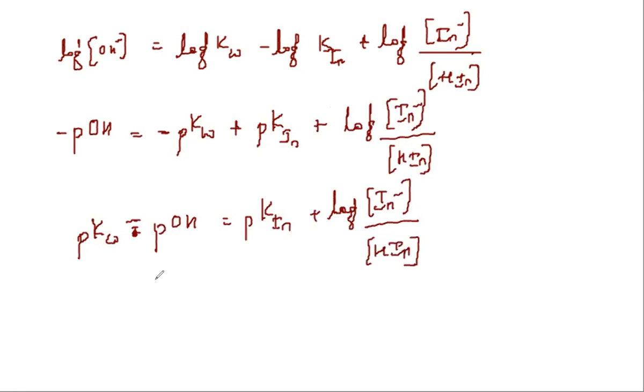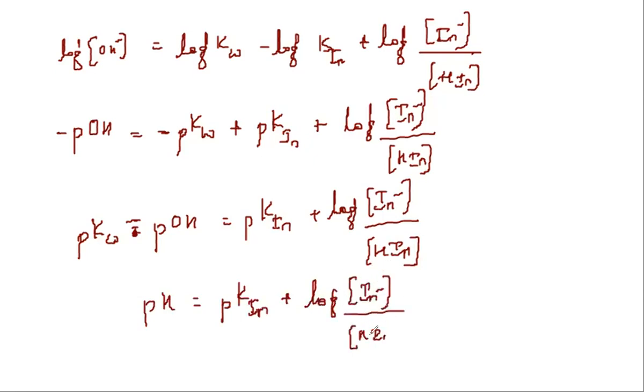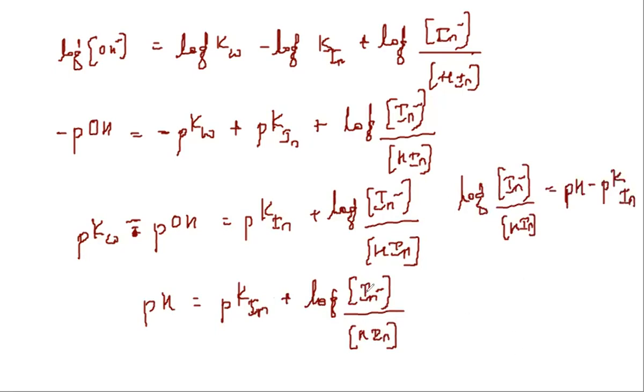What is pKw minus pOH? It is nothing but pH. So pH will be equal to pK_In plus log concentration of In minus divided by HIn. Do I get this? Yes. Log of In minus divided by HIn is equal to pH minus pK_In. Understood what we got here?